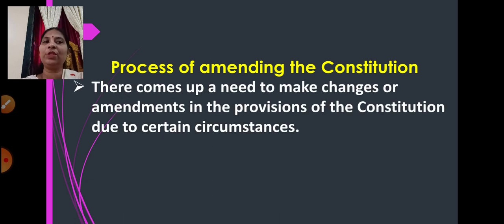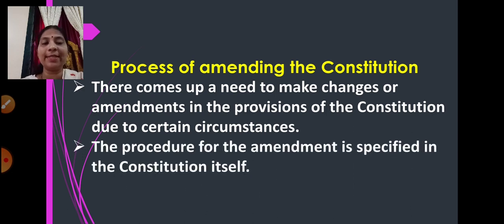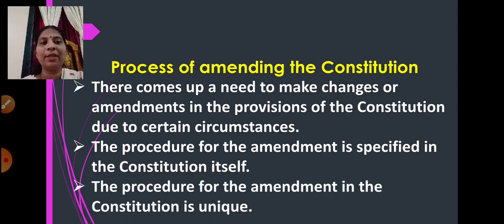There comes up a need to make changes or amendments in the provisions of the constitution due to certain circumstances, and the procedure for the amendment is specified in the constitution itself. The procedure for amendment is unique.